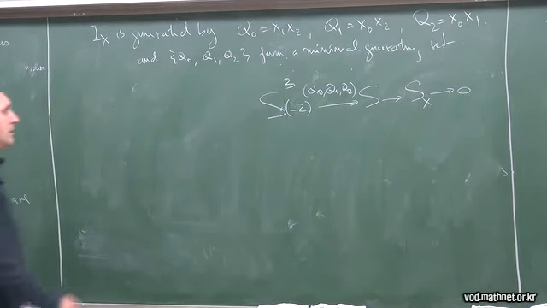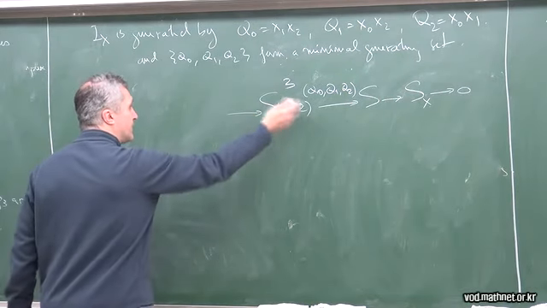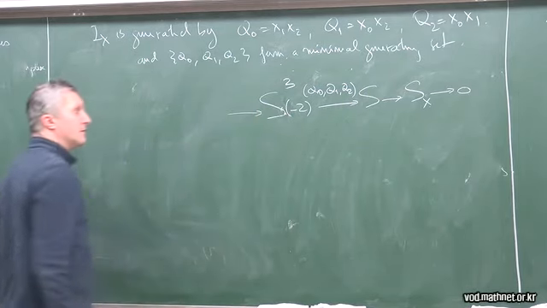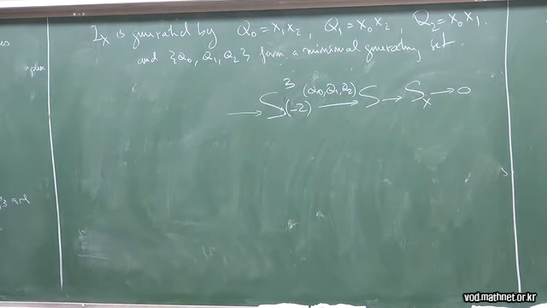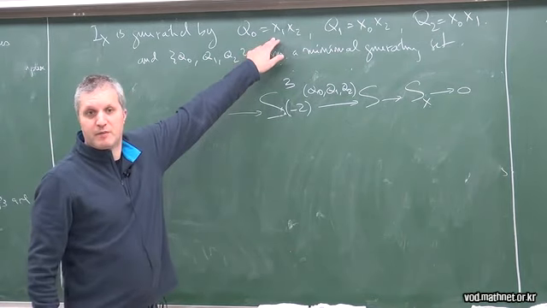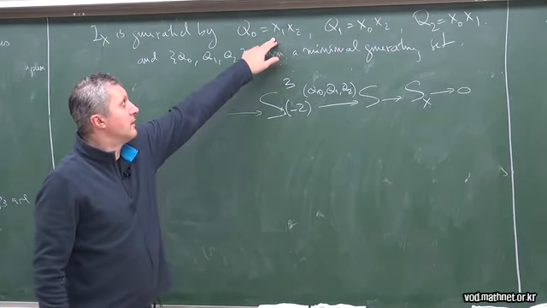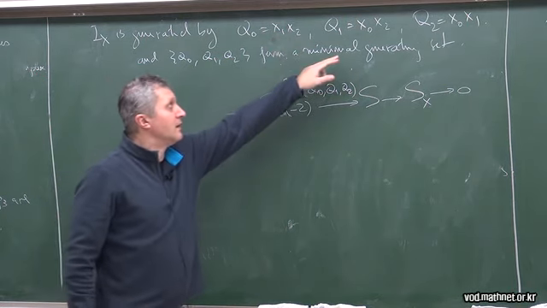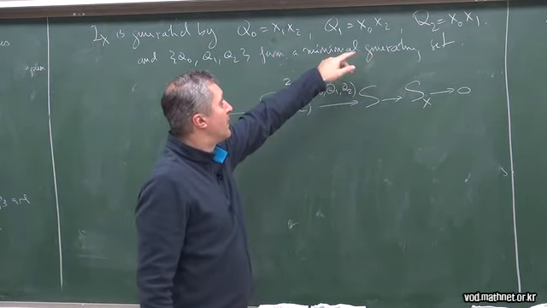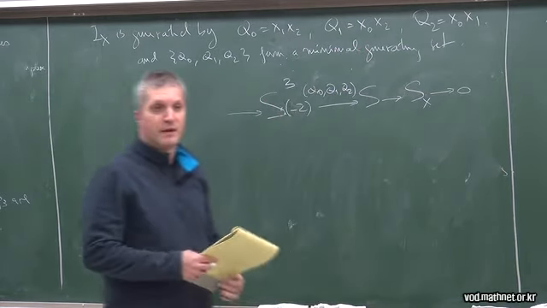And now we have to continue with the kernel of this map, so we have to know the relations among Q0, Q1, Q2. But there are some obvious relations, like if we multiply this by x0, we get x0x1x2, which is the same as this one multiplied by x1 or this one multiplied by x2.